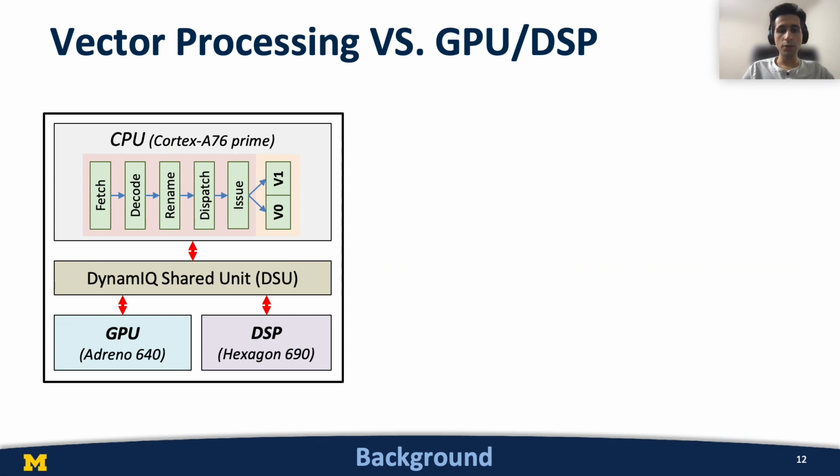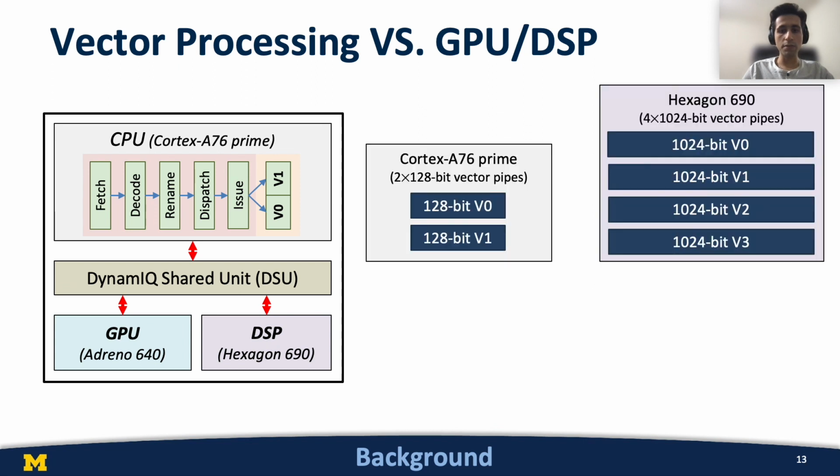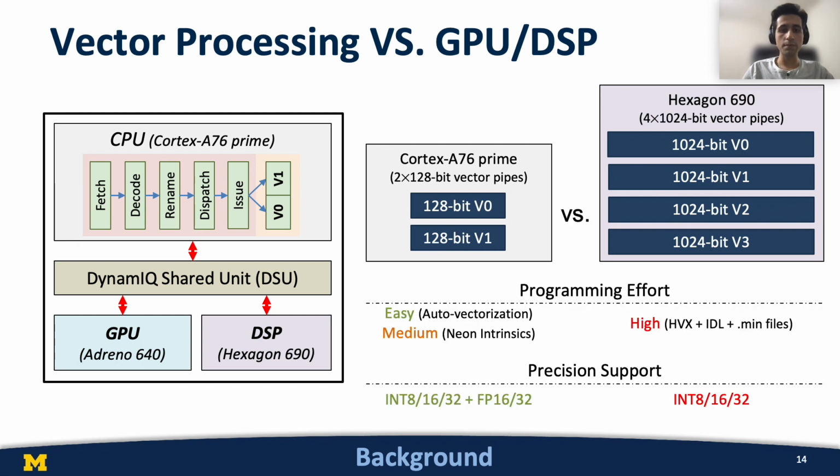In addition to the vector pipelines that are tightly integrated to the CPU cores, today's mobile devices contain a variety of domain-specific accelerators, such as GPU and DSP. A closer look at the evaluated mobile SoC shows that the Hexagon DSP is also a vector processor with 4 1024-bit vector pipelines.